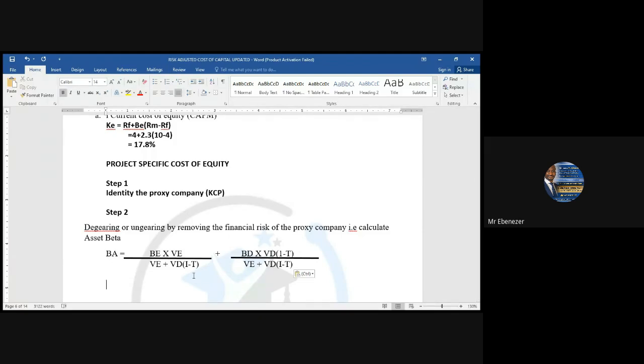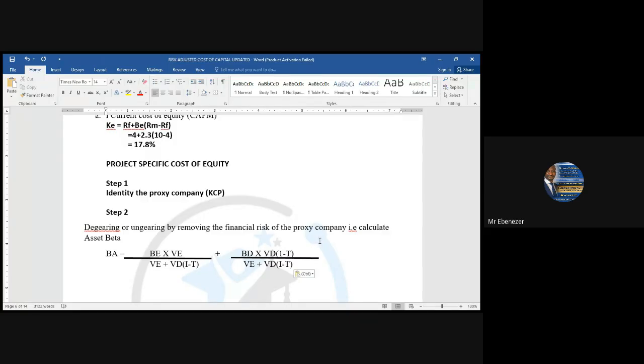This is how I understand it; you can modify it. So this is the formula, so that we're left with the business risk in that sector, which is the construction of commercial properties.